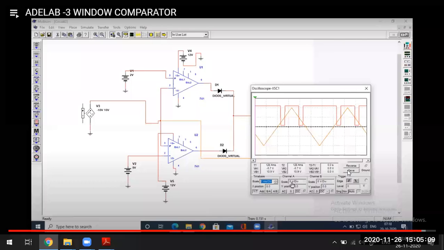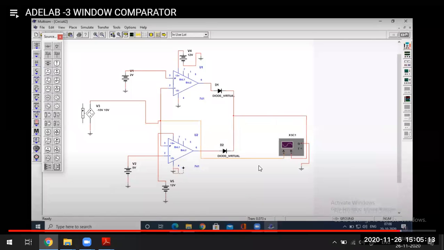First we will see which instruments and devices you have used. See, this is a CRO. In the hardware also, you will have the CRO in the lab. These are the two op amps. These are the power sources.